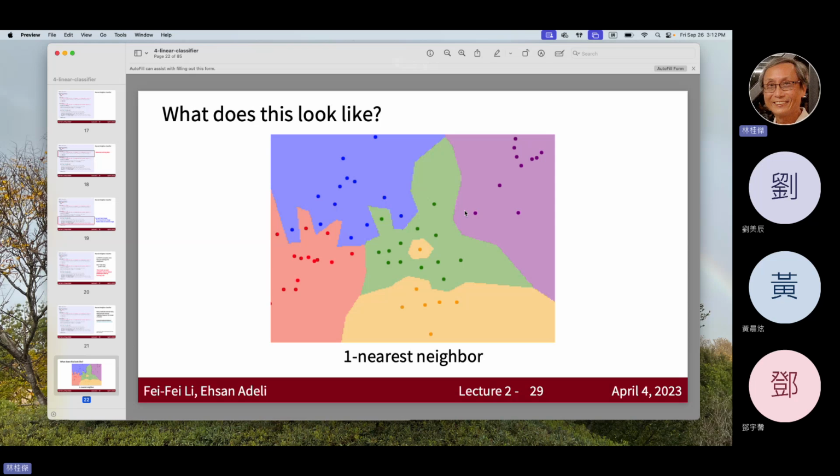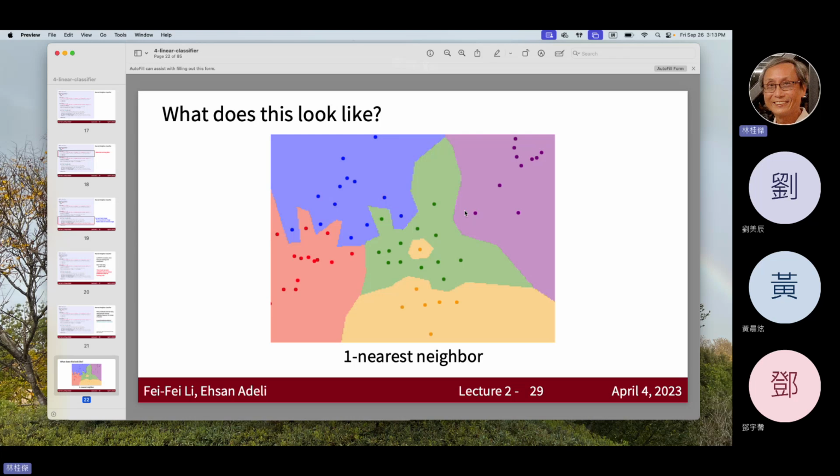If your dot falls into this location here and is closer to this one, I will predict that to be part of the green. But if my dot is a little bit closer to this one here, then it will be closer to the blue, and therefore you will be predicted to be part of the blue.